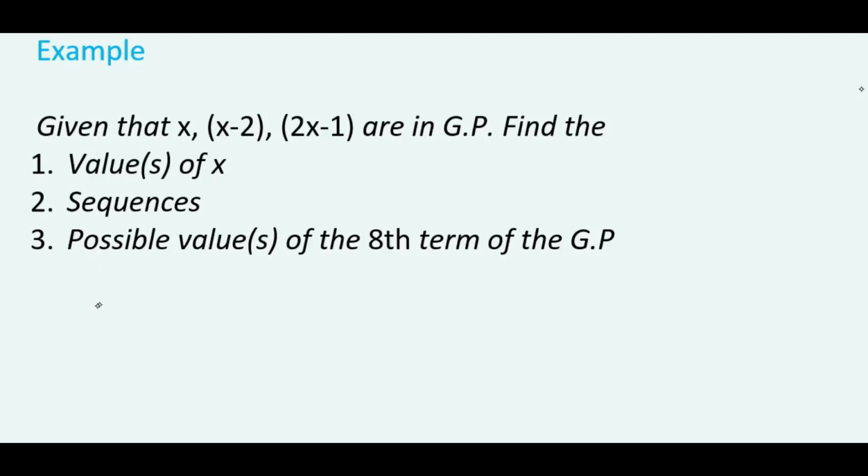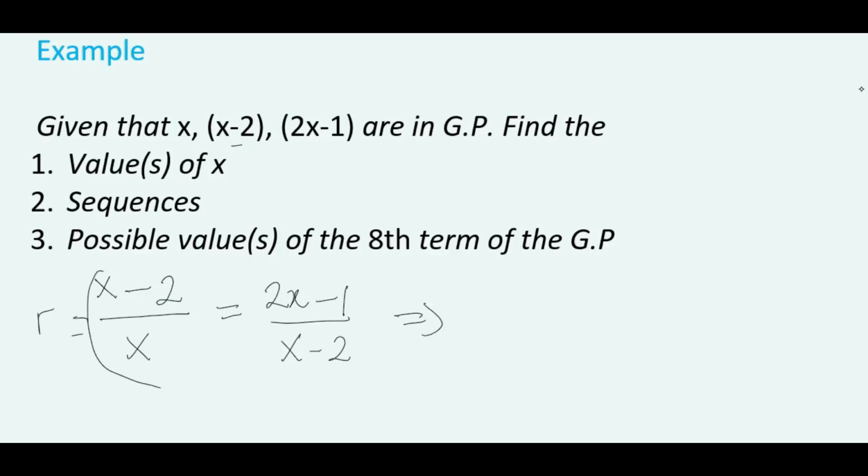We can also do it in the same way. What we have to do now is to use the common ratio method as well, or we can also do it in the first way we have done it already. So we can have x minus 2, that is the second term divided by the first term, as a common ratio, and the third term, which is 2x minus 1, divided by the second term, x minus 2. So we can now cross multiply.